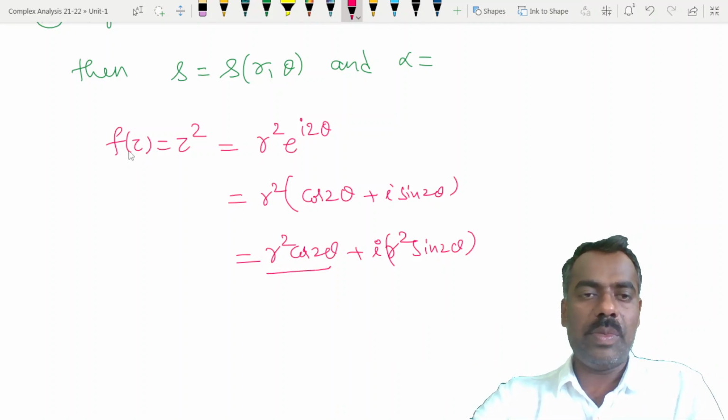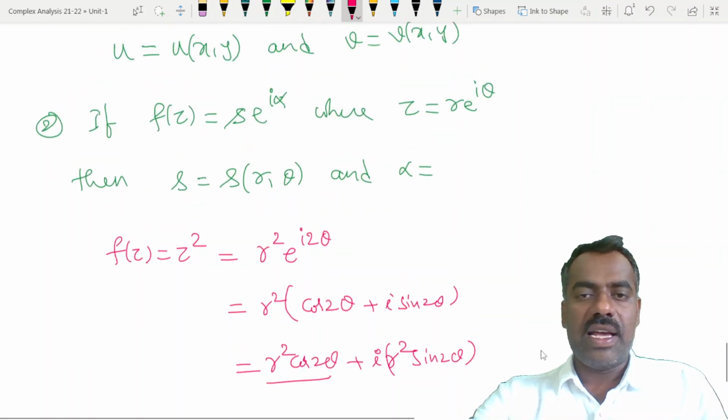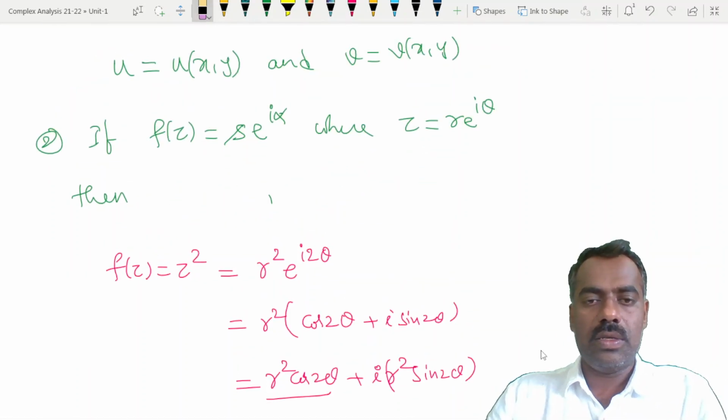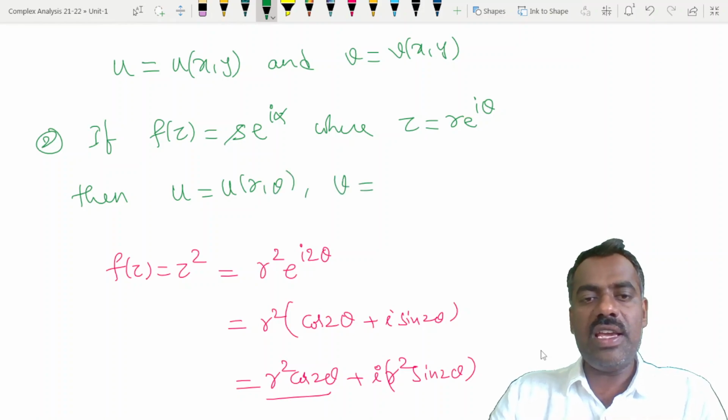So this is your u. That means if you write like u plus iv, and then instead of writing this, you write like this, then this u is a function of r and theta, and v is a function of r and theta.